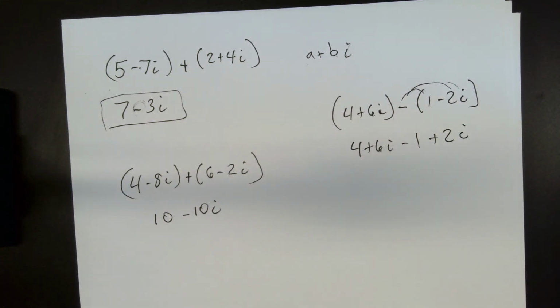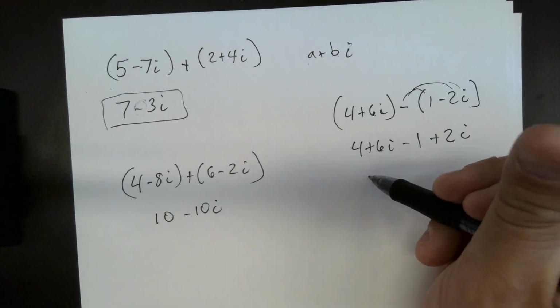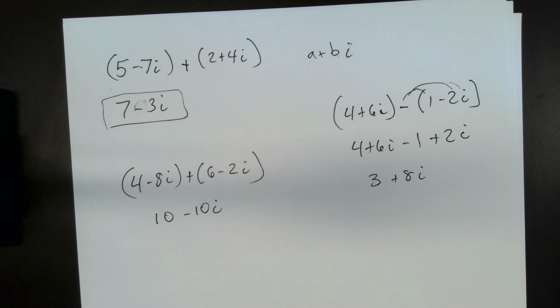Anytime there's a minus sign in front of parentheses, you have to distribute through that negative, just like we've done a few times already this year. So that becomes 3 plus 8i. That's combining them. Does that make sense? Easy? I'm not going to take any more time on that. I think that part's pretty easy.